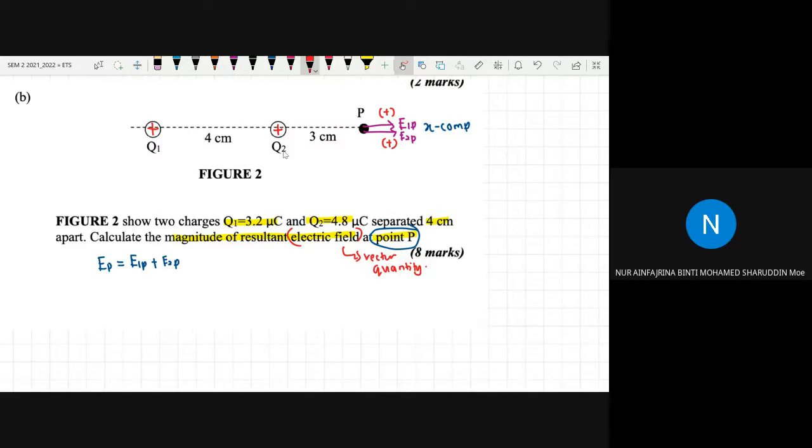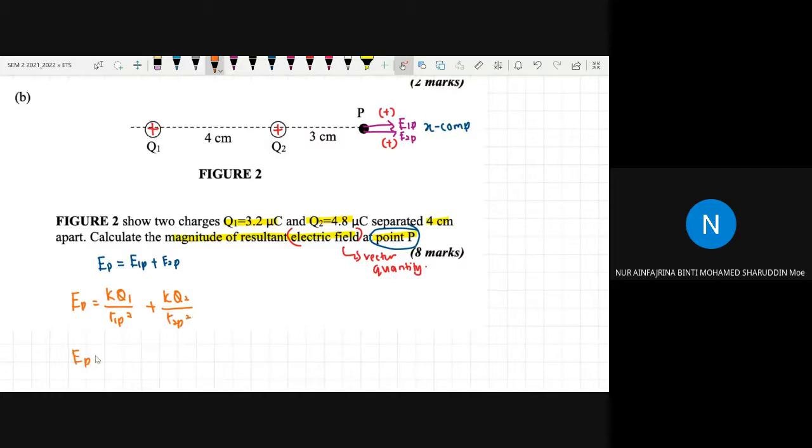So from here, you just insert the formula. Masukkan sahaja formula. So EP equals to KQ1 over R1P squared plus KQ2 over R2P squared.